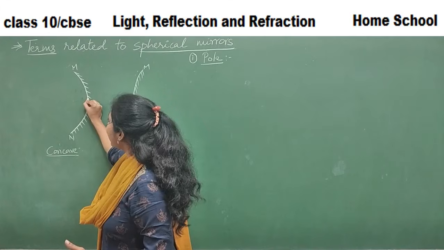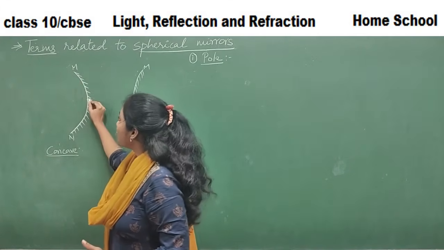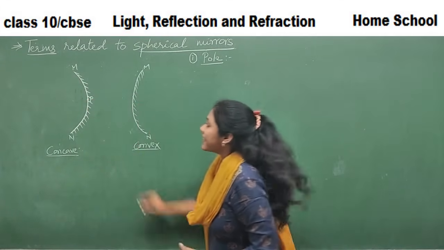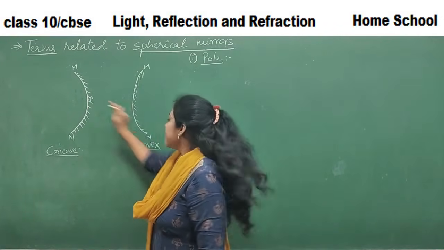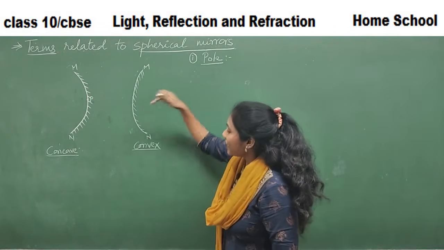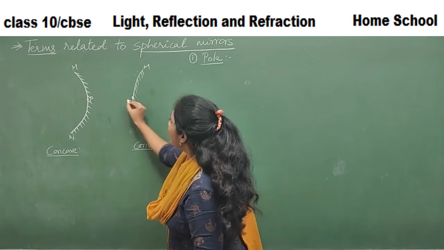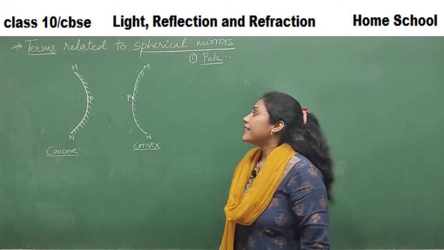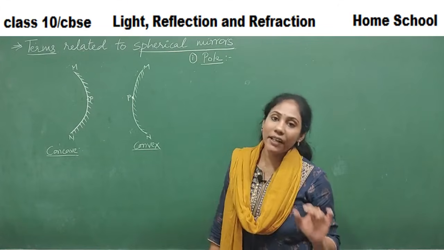Yes, this point is the center of the reflecting surface MN. We call this point the pole, indicated with a capital letter P. In the same way here, MN is the reflecting surface, and the center point is this, which is also indicated with a capital P. So the central point of a reflecting surface is called a pole.